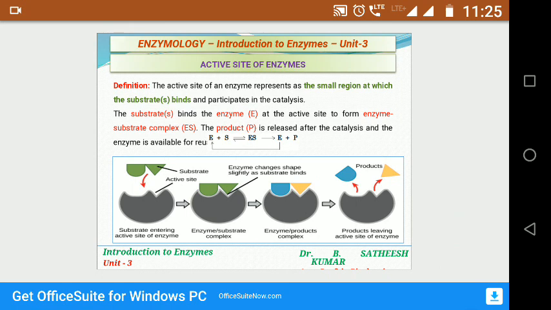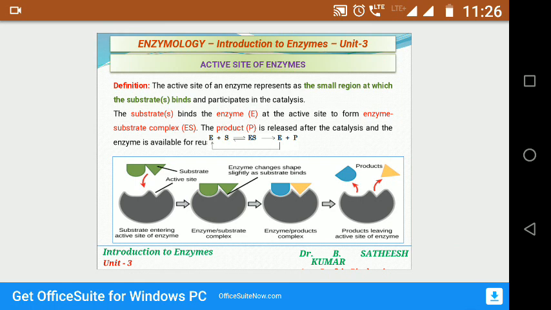The next topic we are going to see is the active site of enzymes. Earlier in this video, I explained that the active site is the site where the substrate binds. The definition of the active site: the active site of the enzyme represents a small region at which the substrate binds and participates in the catalysis process.